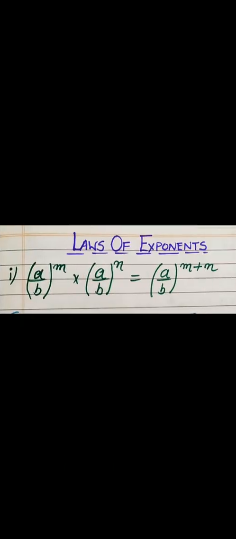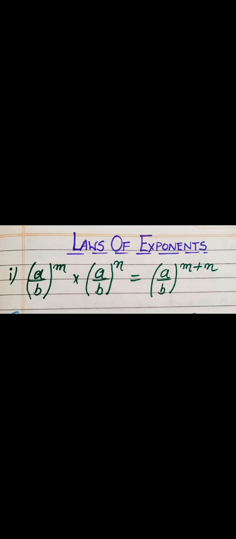Now we will learn laws of exponents. So the first law is in multiplication. If there are two numbers in multiplication and the numbers have the same base, then their powers add.